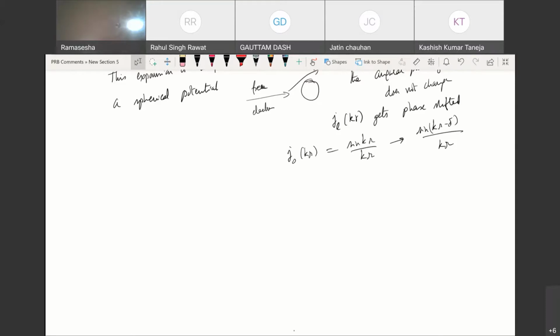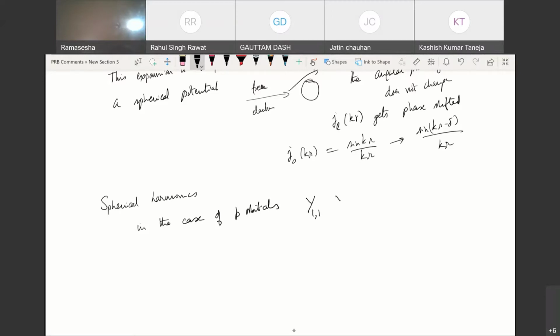For example, the case of p, you have Y10, Y1 minus 1. Okay, so these are the solutions.